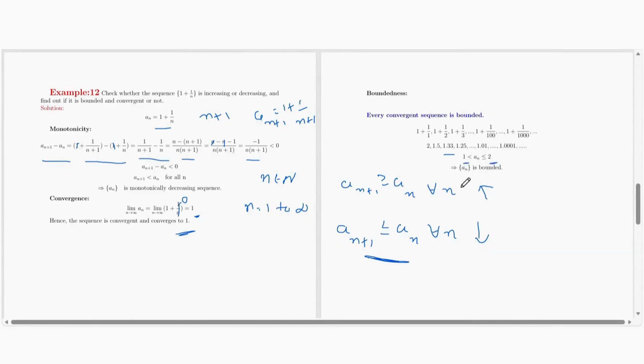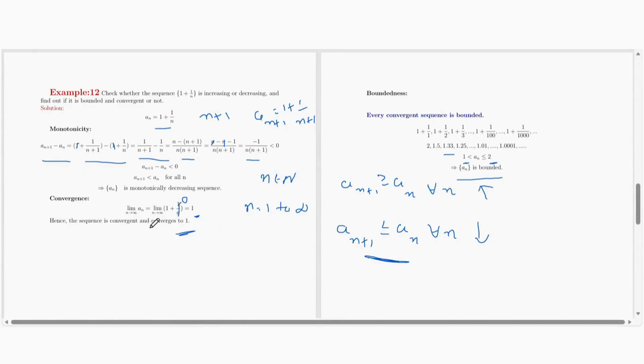So we conclude a_n is a bounded sequence. Also we can say from the limit. Here we already derived that limit n tends to infinity of 1 plus 1 upon n is 1. What does it mean?